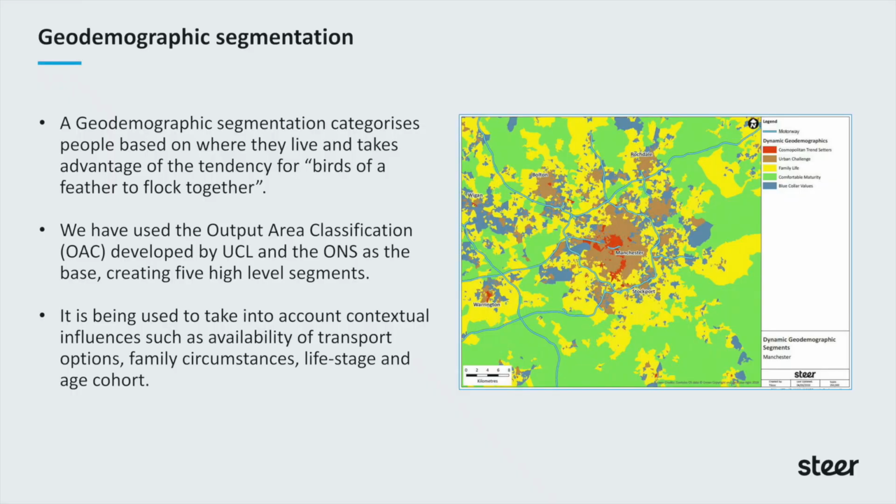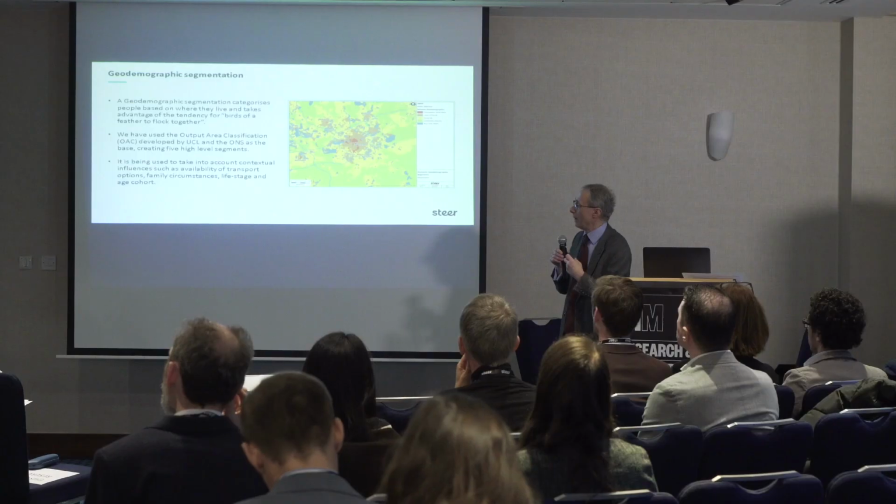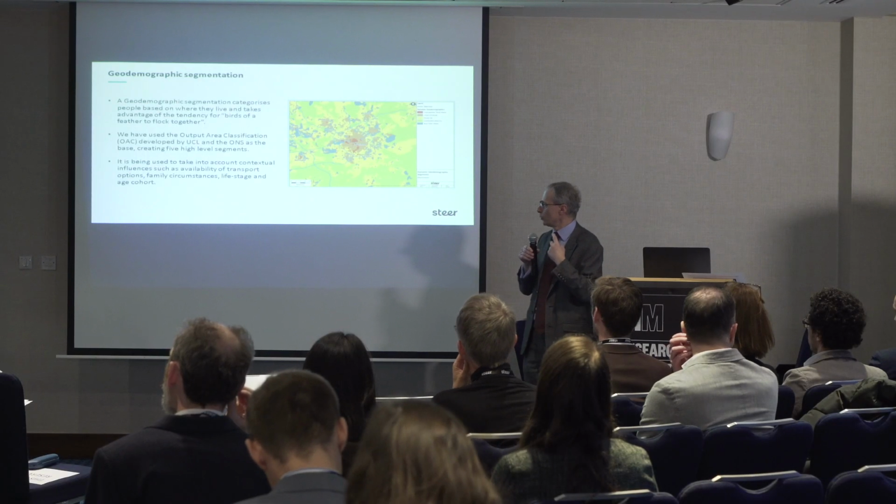So just introducing the idea of this geodemographic segmentation. What a geodemographic segmentation does is classify places and the people that live within them. It's a very well used, very well known technique, and the first one was Acorn, which was originally used for looking at social deprivation.